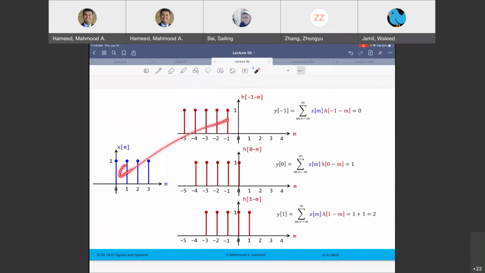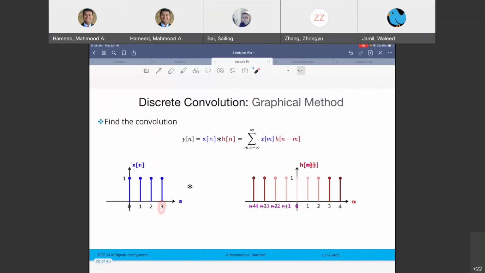No overlap between these two guys. So you get an output of 0. That is for y of -1. It is consistent with my claim that when you add up the lower bounds, you get the lower bound of the output. It is consistent with that, right? 0 plus 0 starts at 0, ends at what? Ends at 3. Let me go back here. Ends at 3 plus 4 and should end at 7.